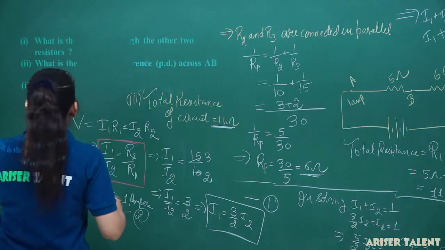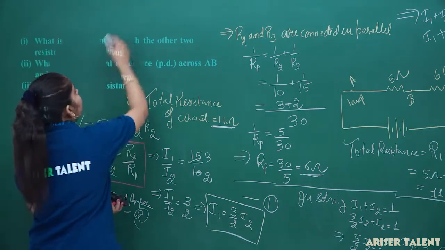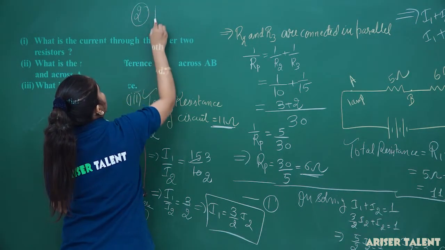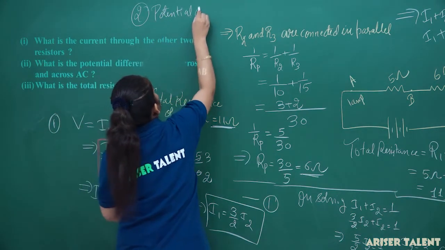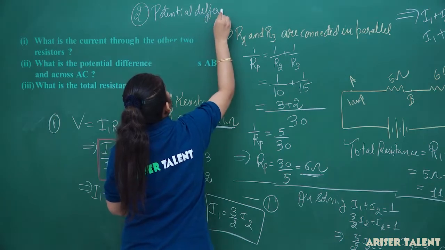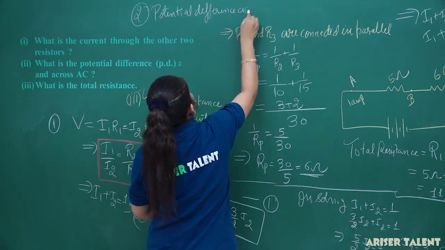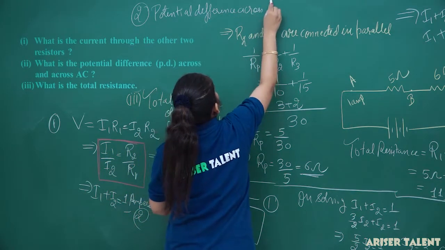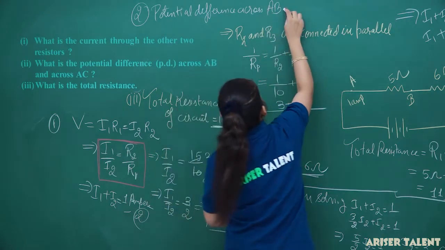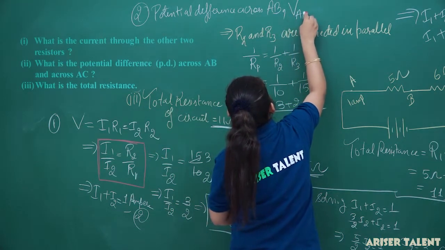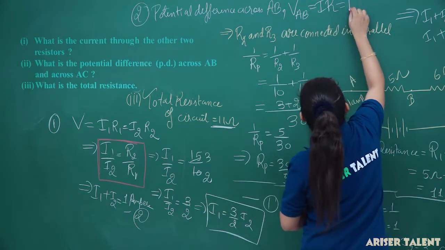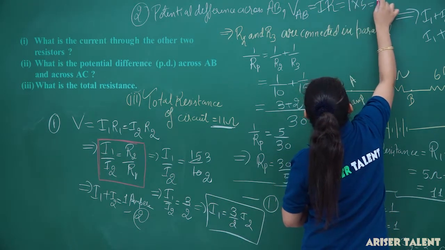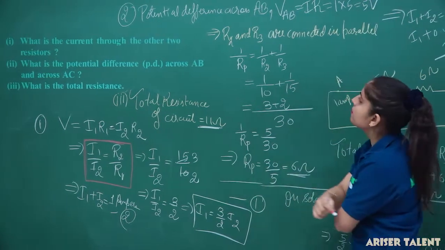Potential difference across AB can be written as VAB, and V equal to IR. I is 1 and R is 5, so the potential difference is 5 volt.